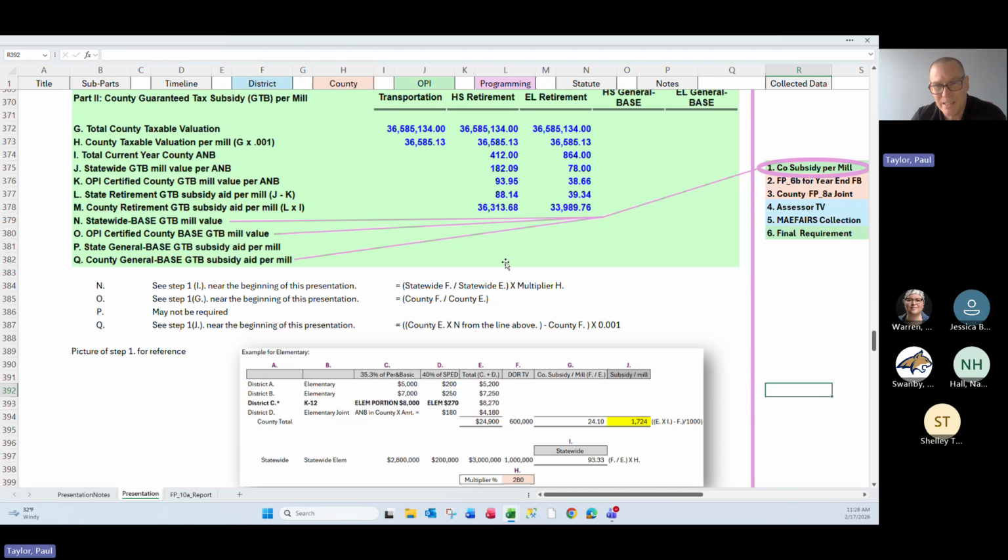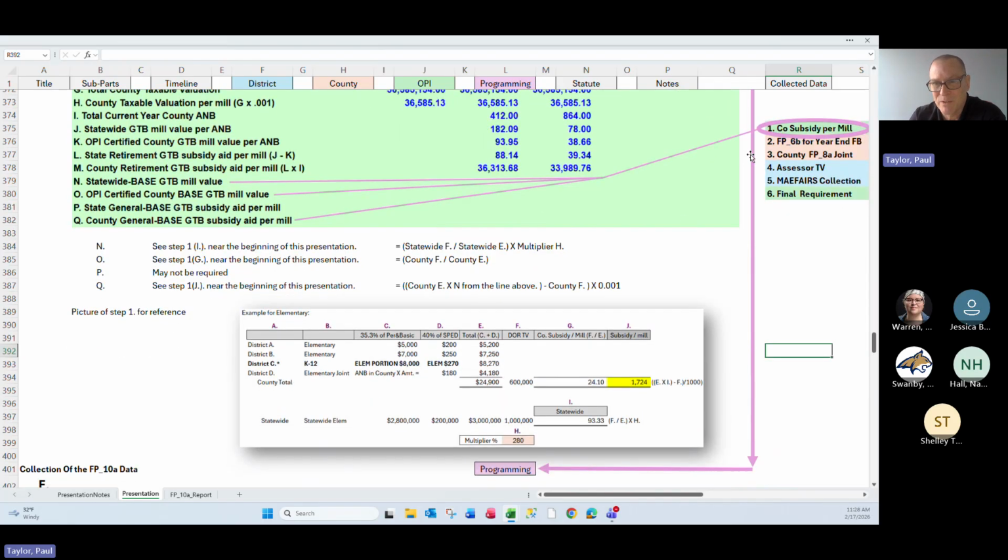This will actually be the subsidy per mill that is to be levied, which is going to show up in the next screen here. So I'm trying to give us and a whole lot of people a few breadcrumbs on, I think, what we need to be printed onto this screen. Okay, I almost bumbled that, but I think I may have saved myself. Let's talk about F for a second, which is the next tab.